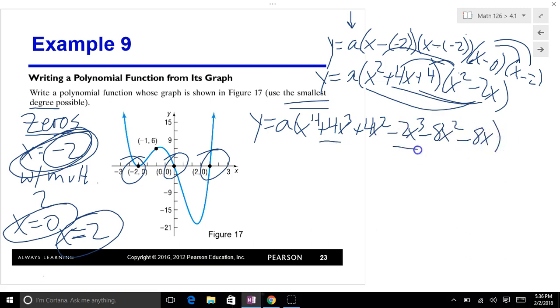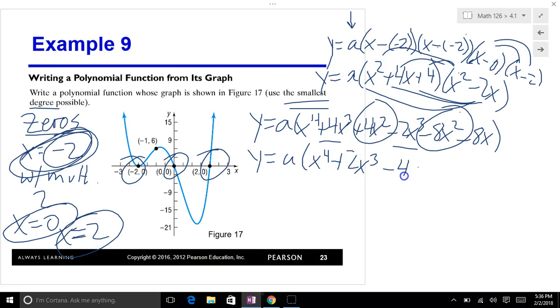Combine any like terms. So 4x cubed minus 2x cubed, 2x cubed. I've got 4x squared minus 8x squared, minus 4x squared, minus 8x.